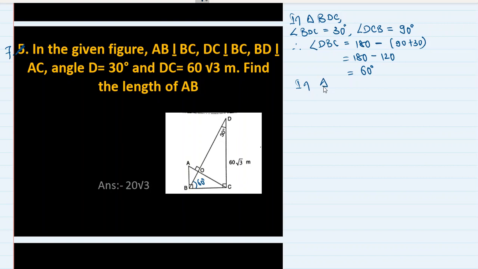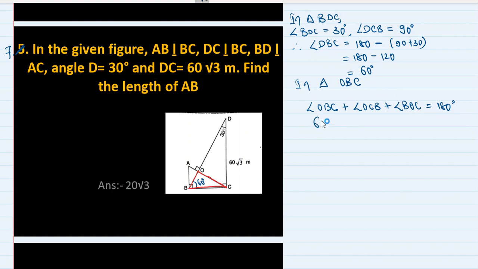Now in triangle OBC, please observe where is triangle OBC. It is over here. This is triangle OBC. So in triangle OBC, angle OBC plus angle OCB plus angle BOC is equal to 180 degree, angle sum property.